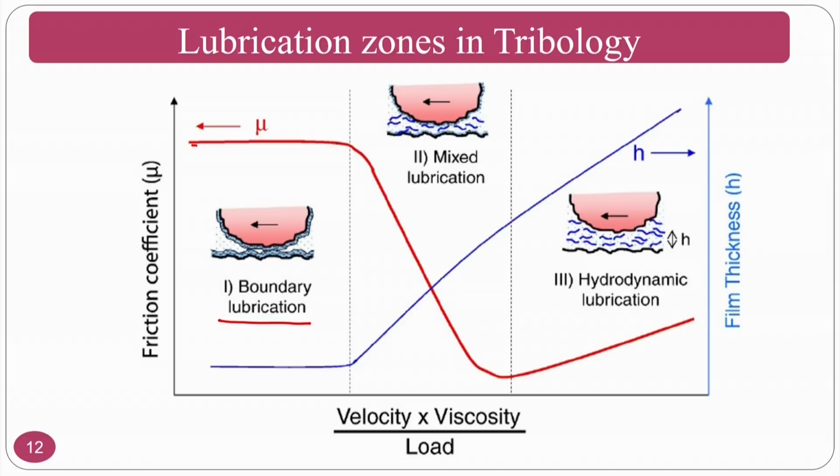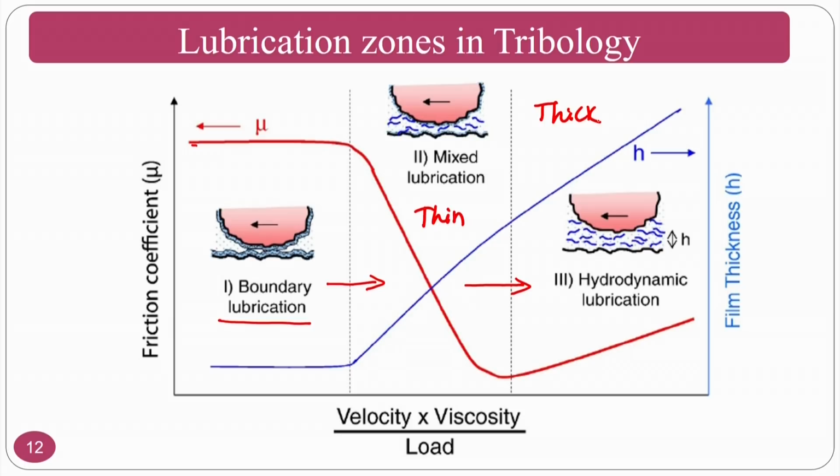So the transition is from solid-to-solid contact to thin-film contact, and the film thickness gradually increases as you move from boundary lubrication to hydrodynamic lubrication. Here it is a thin film, here it is a thick film.